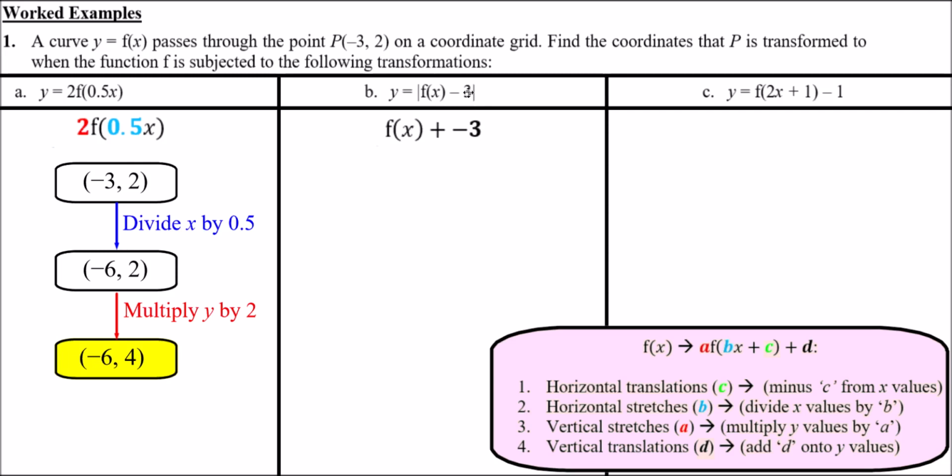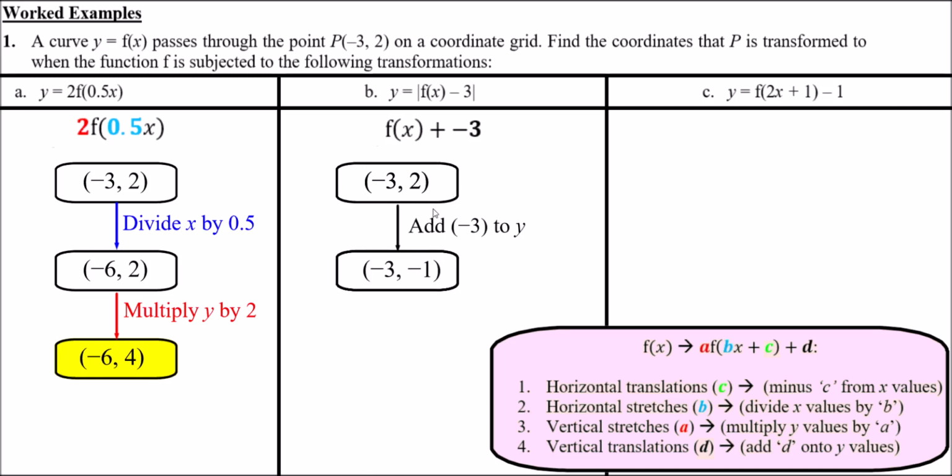This minus 3 will essentially subtract 3 from the y values. So we start with minus 3, 2, then subtract 3 from y. 2 add minus 3, in other words 2 take away 3, gives minus 1. So now we go to minus 3, minus 1.